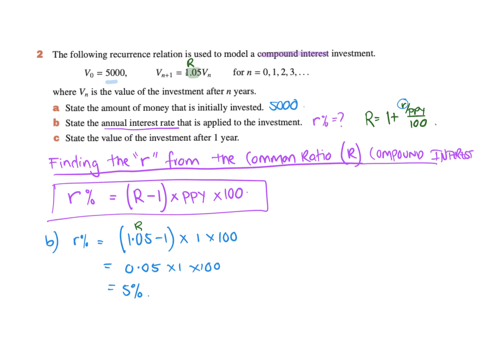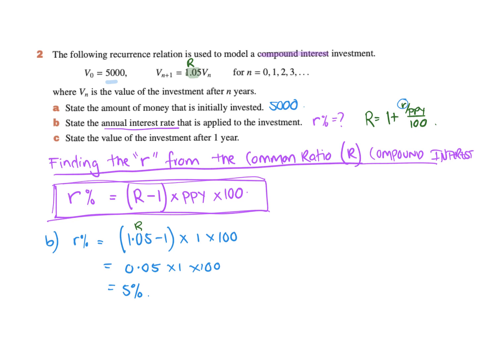I would like you to write this down in your notes book, what's in purple. If you're trying to find the little r from the common ratio, the big R, in compound interest, this is the formula you can use. Little r is going to equal: the first thing you do is take the big R, which in this case was 1.05, minus 1, and pop it in brackets.